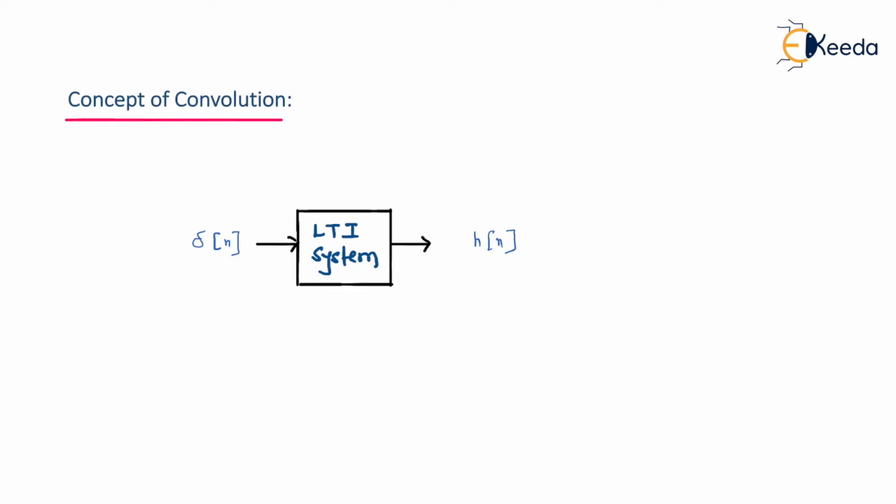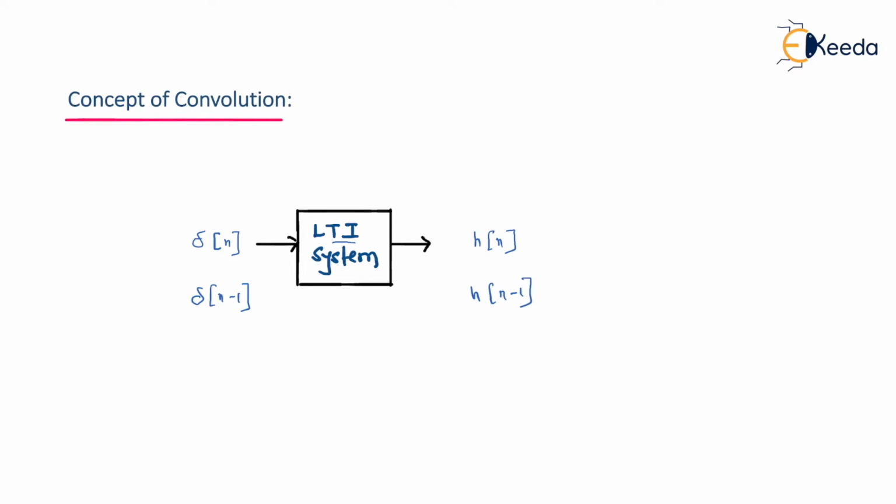For example, if I change my input from del of n to, let's say, del of n minus 1, then because of the time invariant property, if the input is delayed by 1, then the output also gets delayed by 1. That's what we call the time invariance property. So for del of n, if I'm getting h of n, then for del of n minus 1, I must get h of n minus 1 as output.